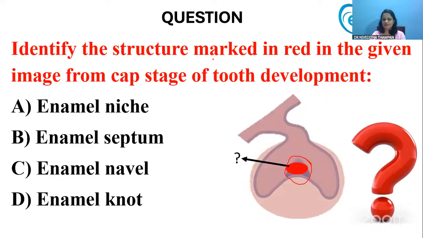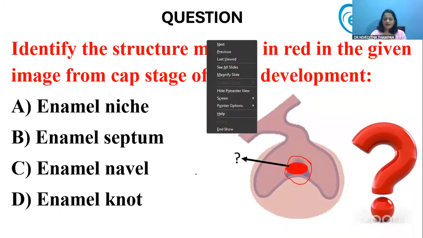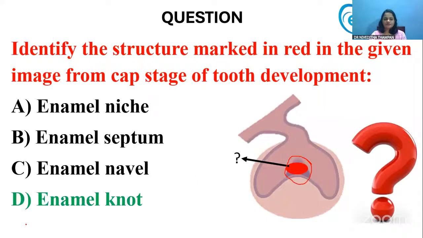This is also a recent NEET MDS 2025 question. Yes, all are right. It is the enamel knot. Option D, enamel knot, is the right answer.